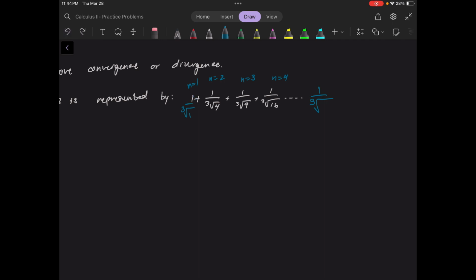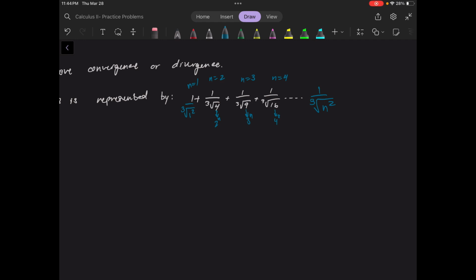But we can manually put that there to see the pattern. We can also manually put a 2 here to see the pattern. Isn't this just 2 squared? Isn't this just 3 squared, 4 squared, etc.? So can't we just call this 1 over the cubic root of n squared? Does that work? I think it works.